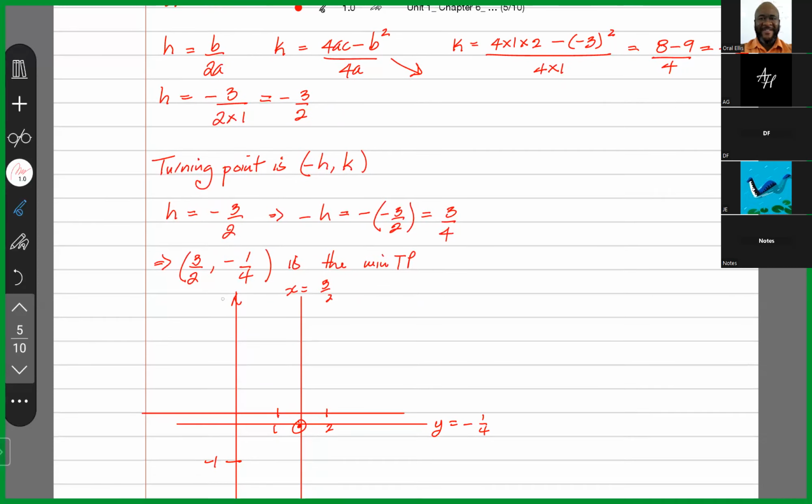I think the graph would pass in something like this. Just trying to sketch. We could try and pretty it up, but it's a parabola that looks something like this.